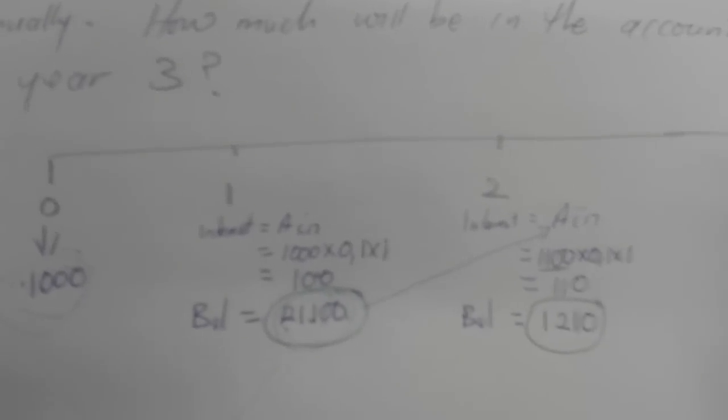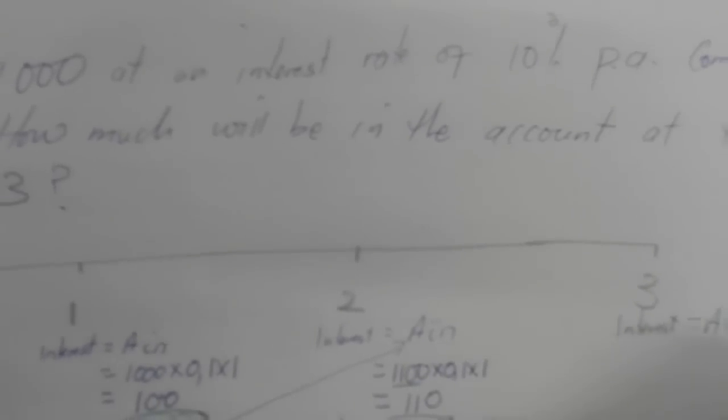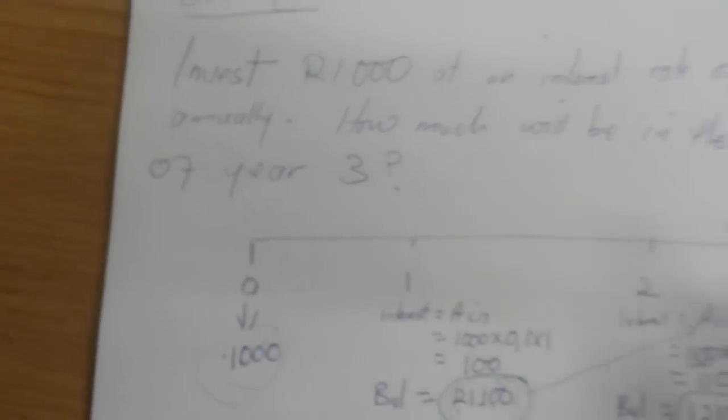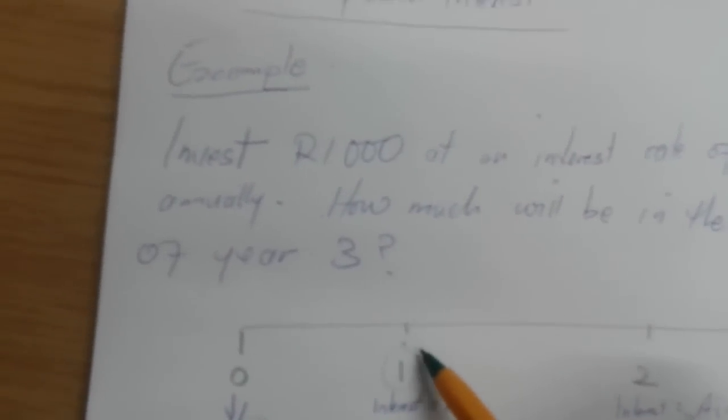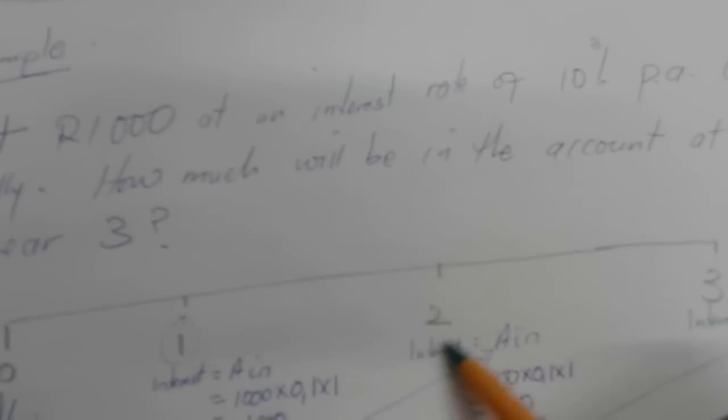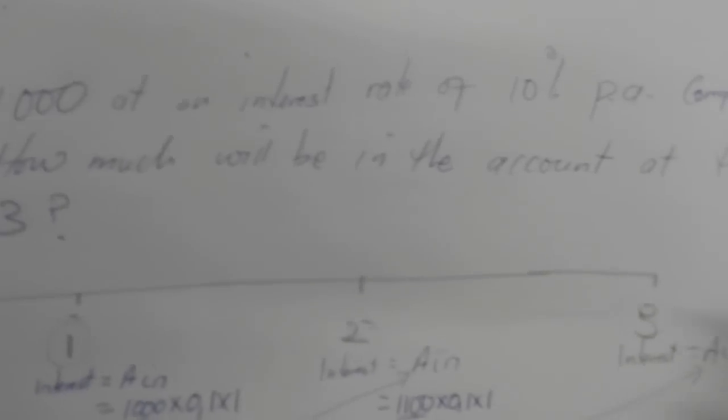So again, same process. At the end of year 3, we do the same thing. Interest is equal to AIN, and our A now is the beginning of year. Remember, one more thing. 1 means end of year 1, beginning of year 2. 2 means end of year 2, beginning of year 3. 3 means end of year 3, beginning of year 4. That's how you interpret your timeline.